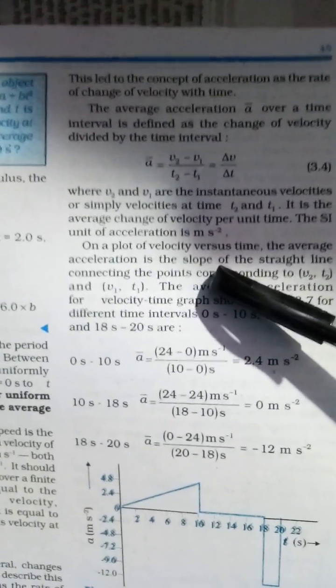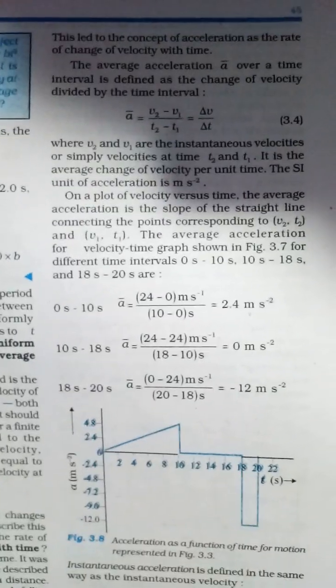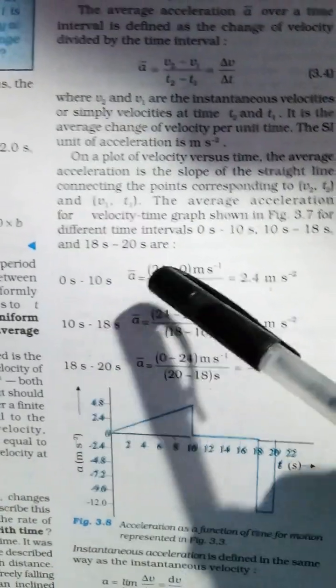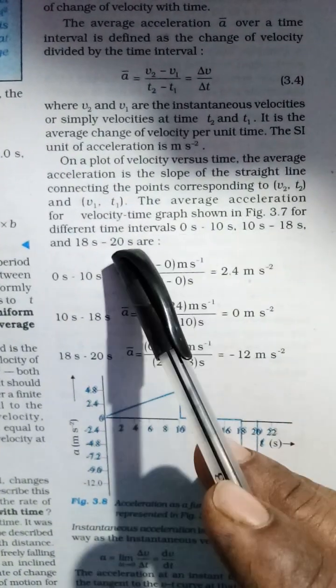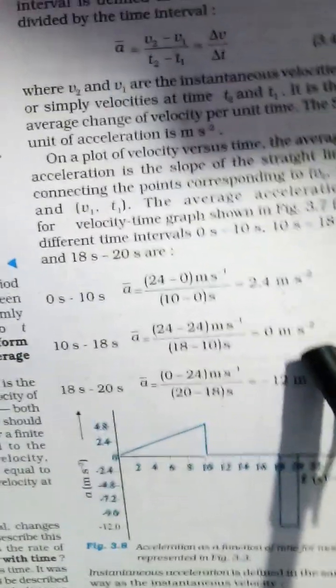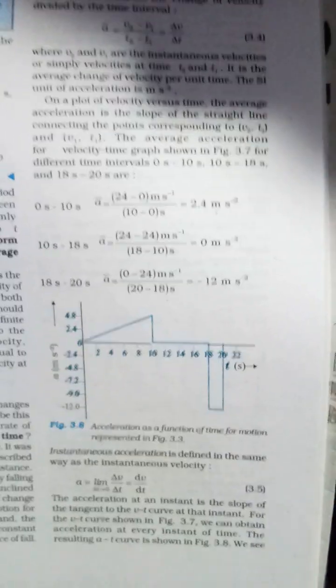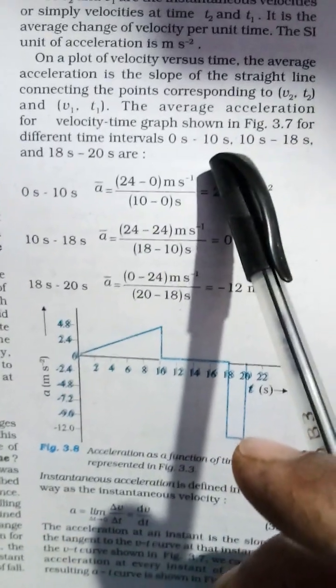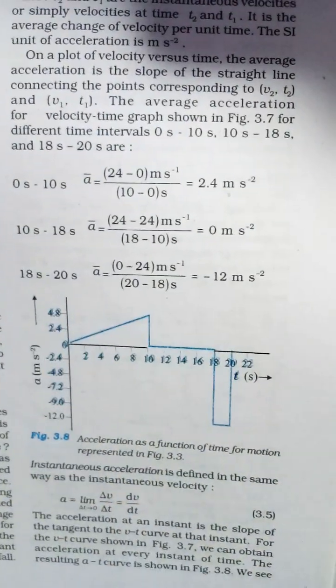On a plot of velocity versus time, the average acceleration is the slope of the straight line connecting the points corresponding to (v2, t2) and (v1, t1). The average acceleration for the velocity-time graph shown in figure 3.7, the graph is here, is calculated for different time intervals: 0 seconds to 10 seconds, 10 seconds to 18 seconds, and 18 seconds to 20 seconds, and 0 seconds to 8 seconds.